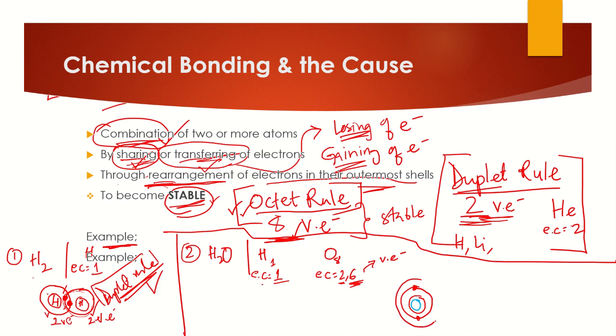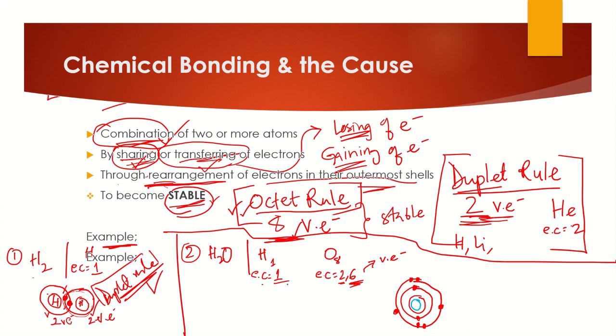Then the second shell, which contains 6 electrons: 1, 2, 3, 4, 5, and then 6. The dots that I have drawn represent the number of electrons, so the valence electrons number 6. To become stable, it needs to gain 2 electrons.